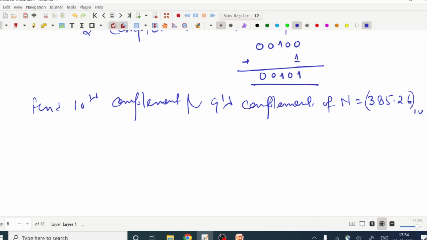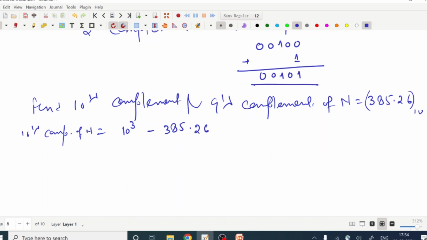We know that for finding the 10's complement, the general rule is this. Here the number of integer digits is 3, which means 10 to the power 3. The 10's complement of n is equal to 10 to the power 3 minus that number, 385.26. Either we use this formula, or simply the first non-zero digit is subtracted from 10 and the rest of the digits are subtracted from 9.